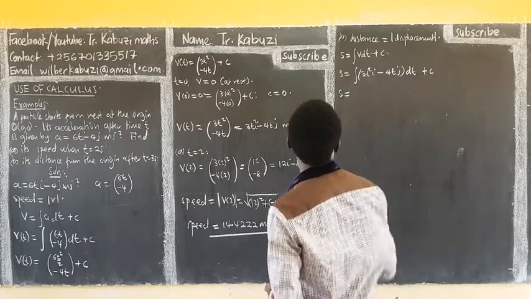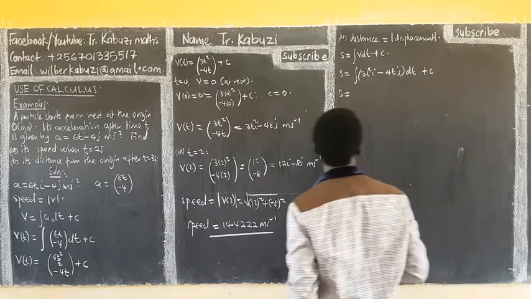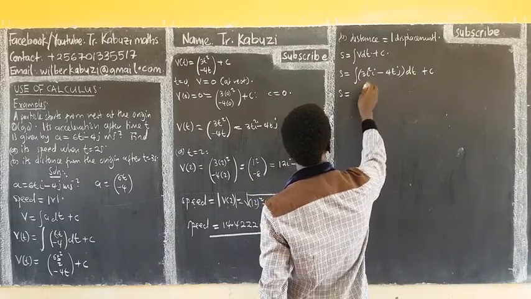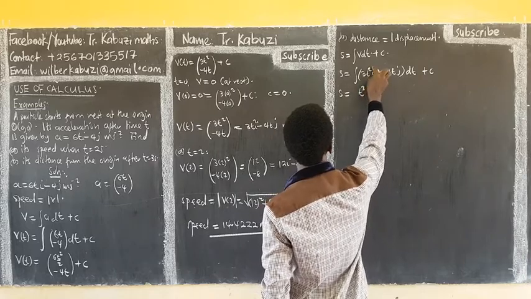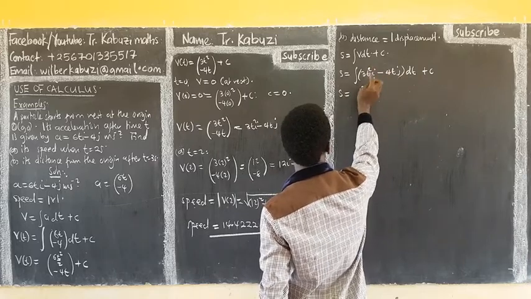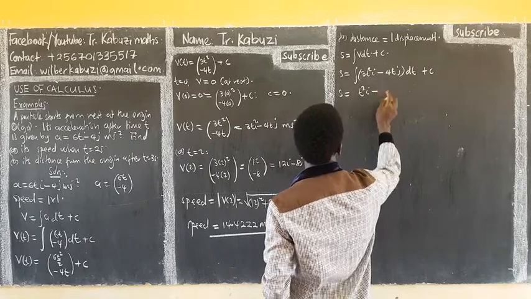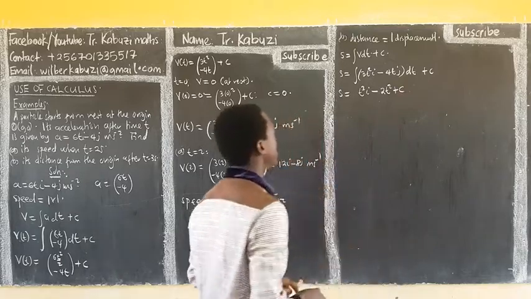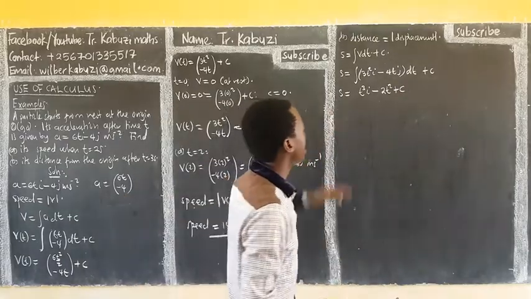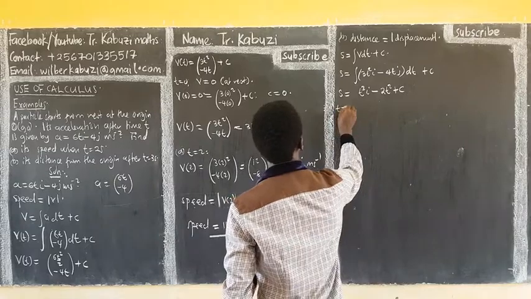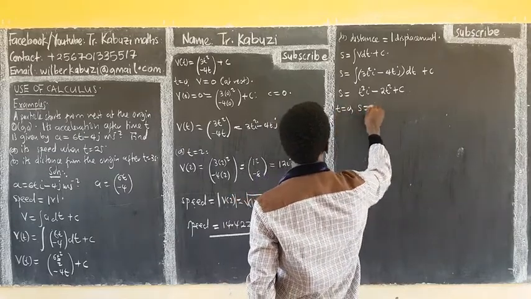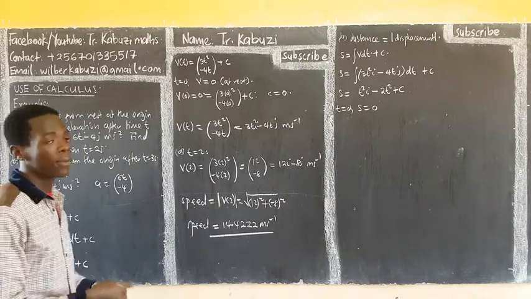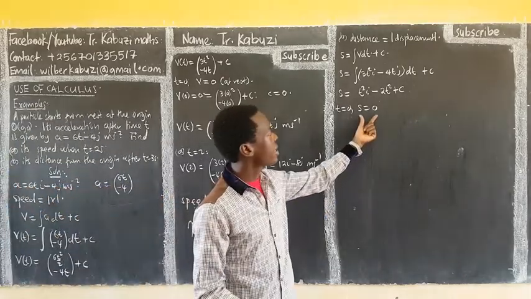From there, you can simply see that when you integrate this, we shall get t cubed, increasing the power by 1 and dividing by 3, so we cancel the 3, i, then minus 2t squared j, then plus c. So that's our displacement at any time t. When t is 0, the displacement is still 0. If it was at the origin, it had covered 0; it had a 0 displacement.